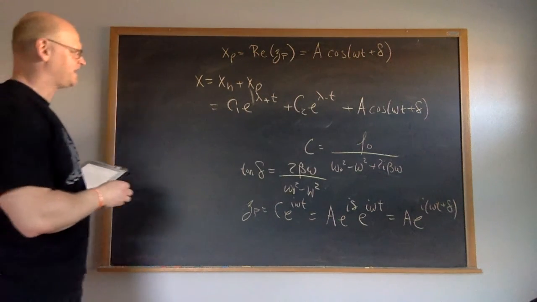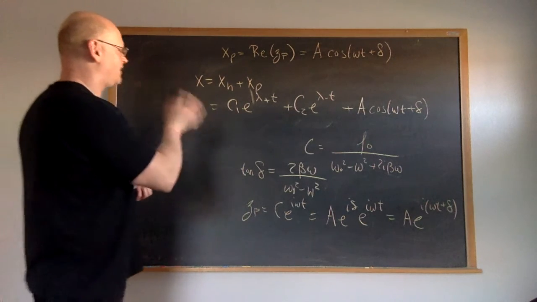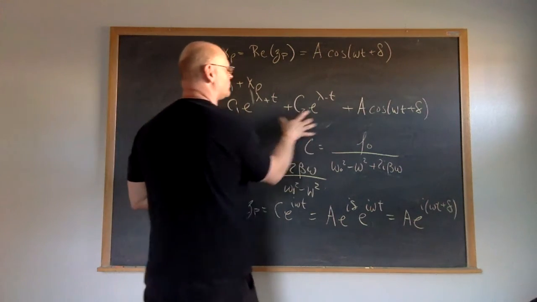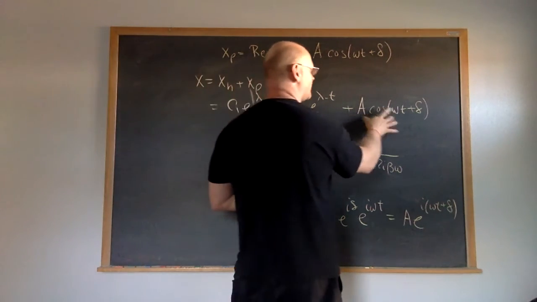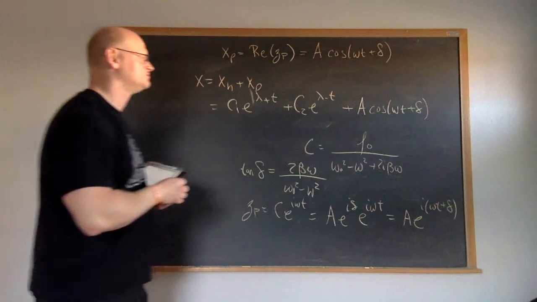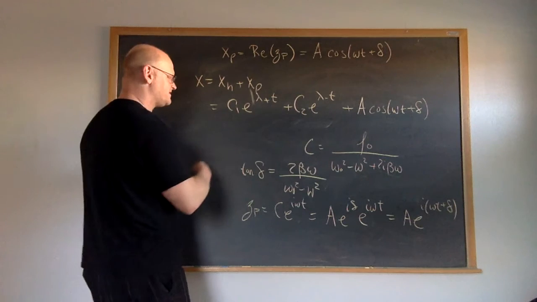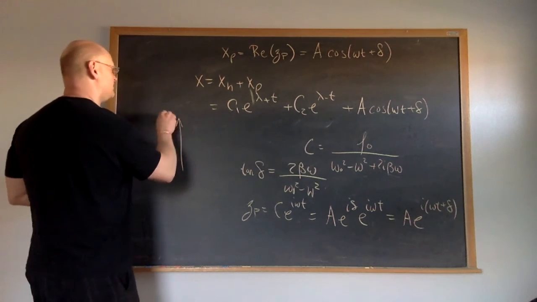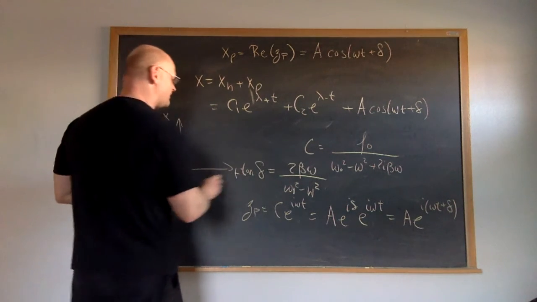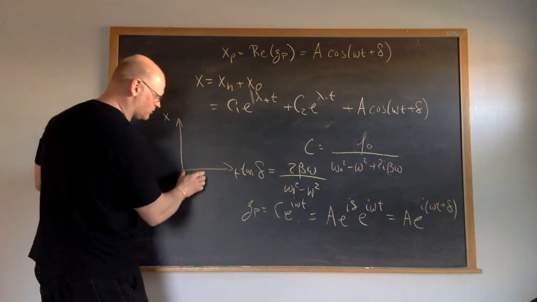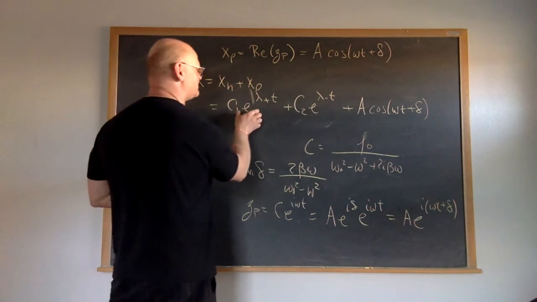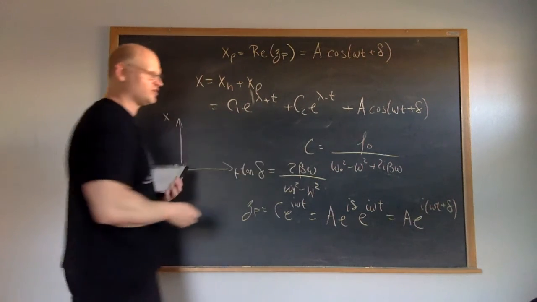So let's talk about what's happening here. At early times, these terms are going to be important, but overall I'm going to get this harmonically oscillating term. So if I wanted to plot the solution versus time, how this happens for early amounts of time is going to depend on what this thing is actually doing.